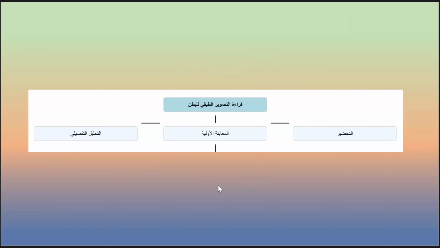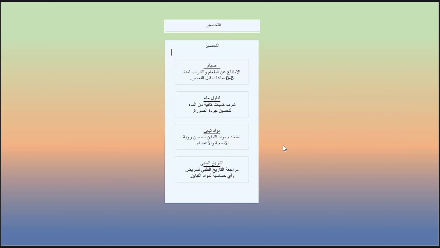Here we have the CT scan of the abdomen, and we have the preparation, and we have also the initial evaluation and detailed evaluation. In the preparation, you have to be fasting from 6 to 8 hours before the examination.